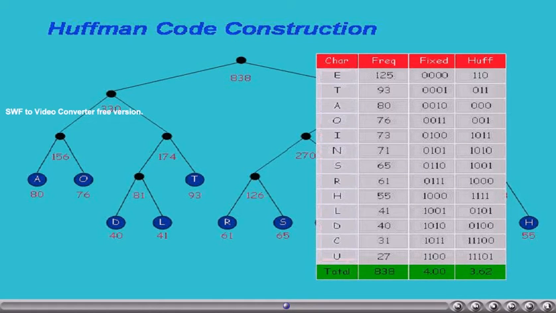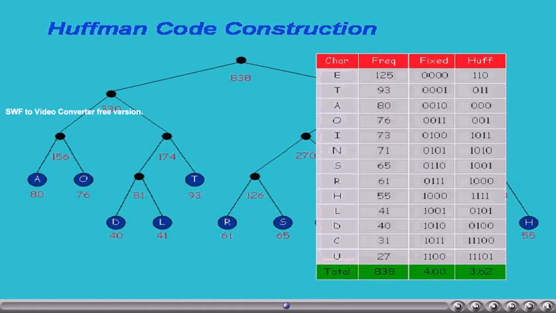The Huffman codes of the symbols in this problem are shown in this table. For example, for the symbol E, you can find the Huffman code by traveling from E to the root node. If you travel along the left subtree, you assume it is 0, otherwise 1.